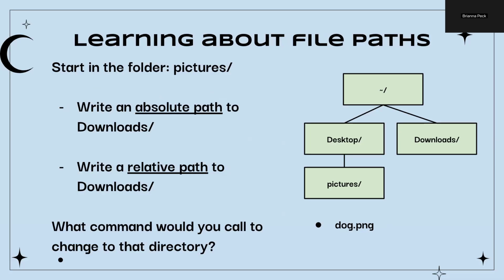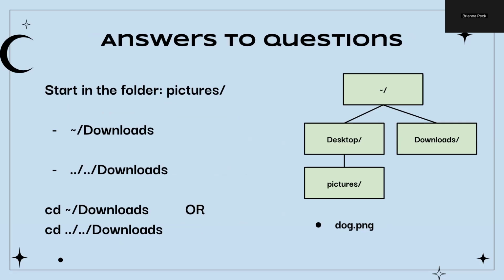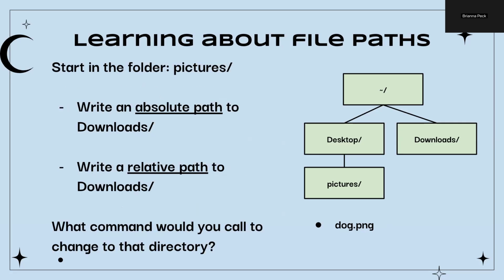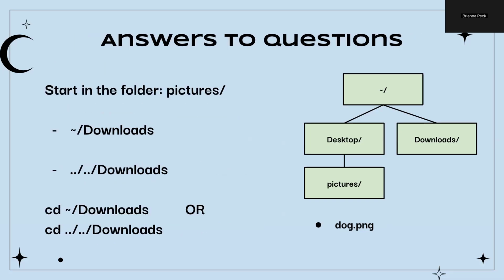Okay, if you were to write an absolute path from pictures to downloads, it would just be a straight path. The shortest point from A to B is just a straight line. So it would be ~/Downloads. Or if you wanted to do a relative path, so going all the way back up to your home directory and then back down to downloads, it would be ../../Downloads.